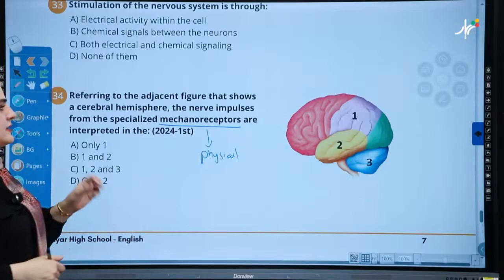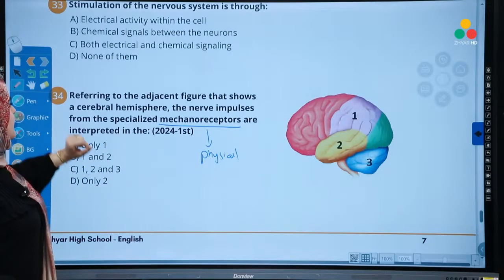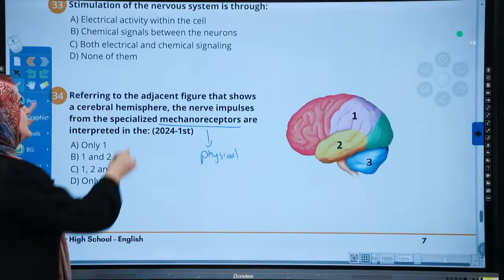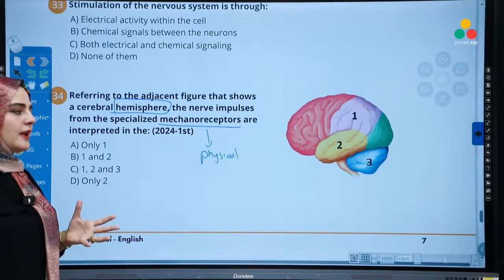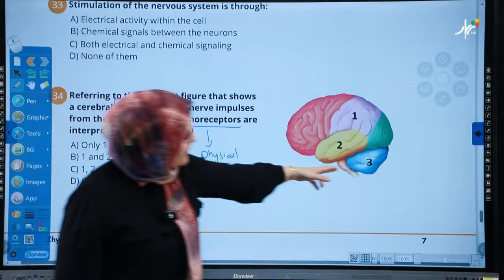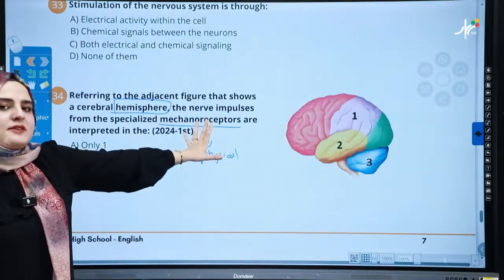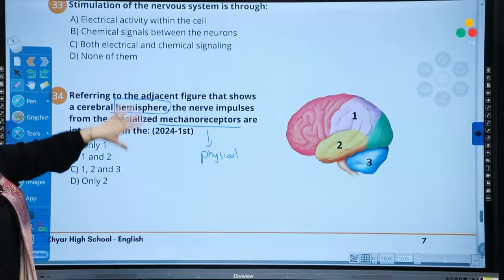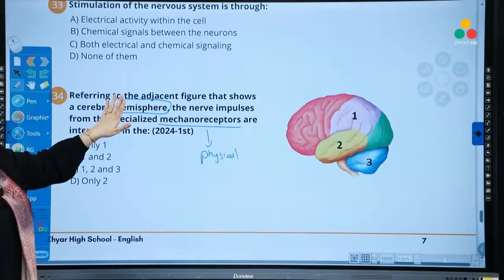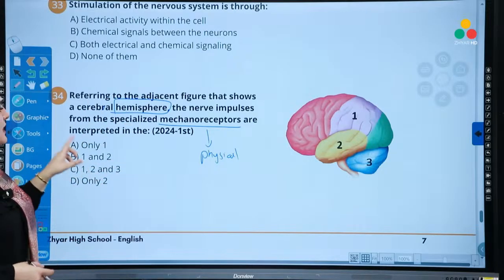It doesn't respond to chemical or electrical or pain. It is physical. So here, the thing that gave everyone away was using hemisphere instead of brain, because label 3 is the cerebellum, while these are all part of the cerebrum. So we're going to consider that this is talking about the brain and try to answer it based on what we're saying.